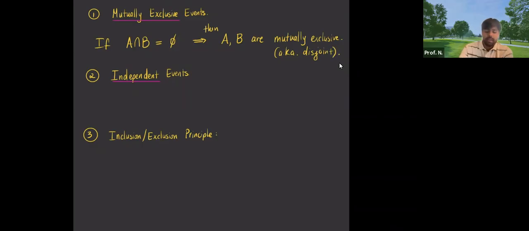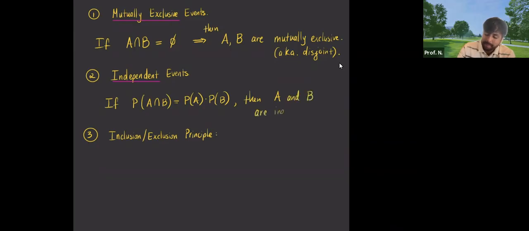And we say that things are independent if what? If the probability of A intersect B is equal to the probability of A multiplied by the probability of B, then A and B are independent events.